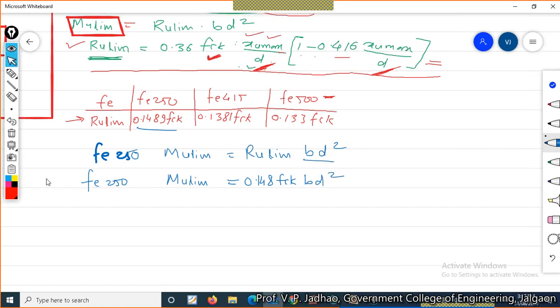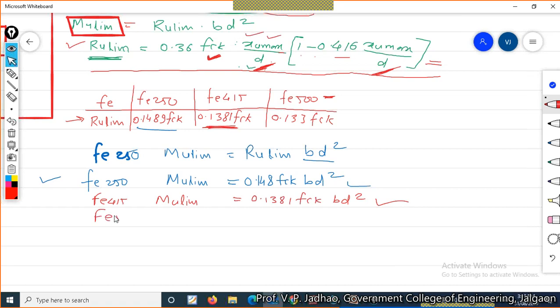So the value of Mu limiting for Fe 250 will be 0.148 fck bd square. Now for Fe 415, put this value of Ru limiting equal to 0.138 fck in this equation, and we will get 0.1381 fck bd square.